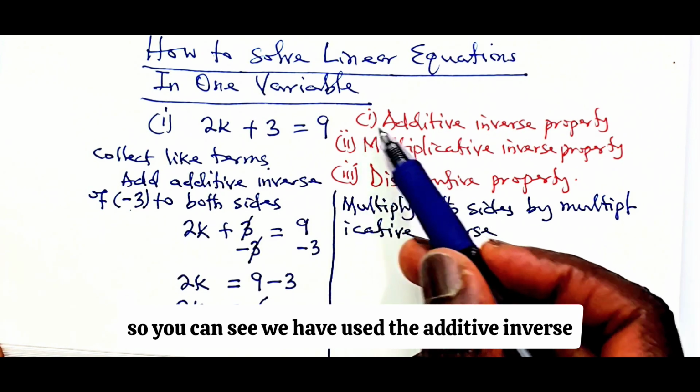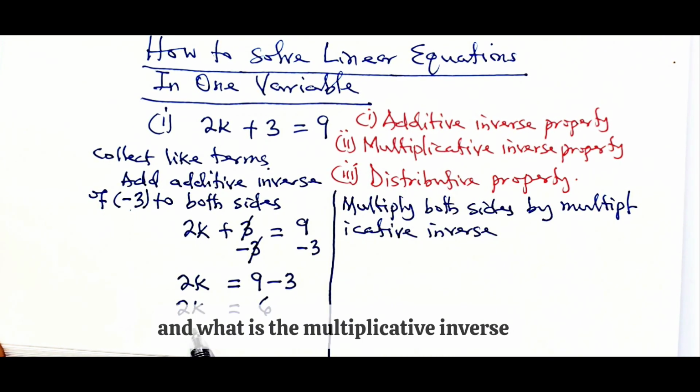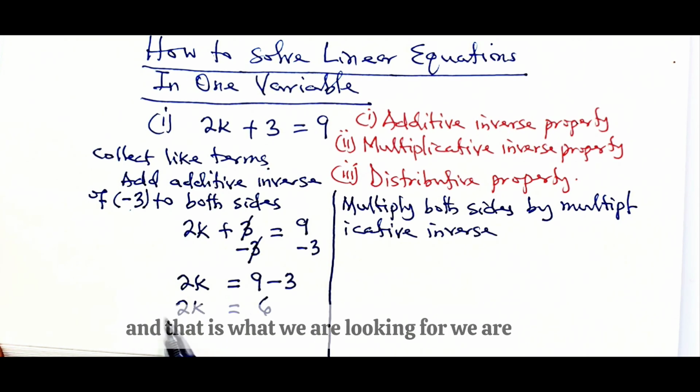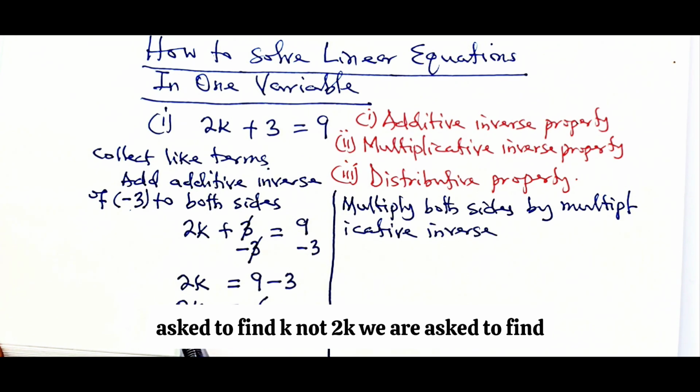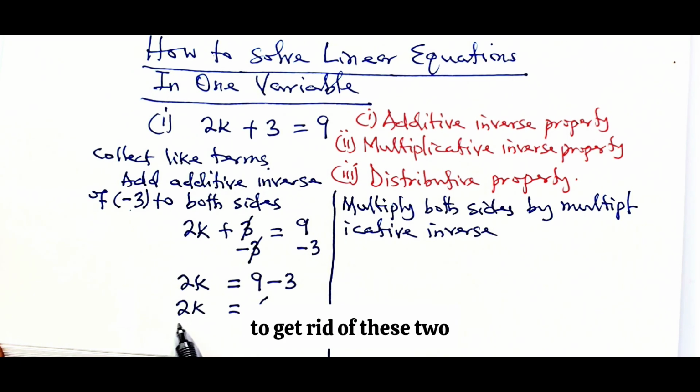So you can see we have used the additive inverse and we are using the multiplicative inverse now. And what is the multiplicative inverse? This is the variable, and that is what we are looking for. We are asked to find k, not 2k. So we have to find a way of getting rid of this 2.